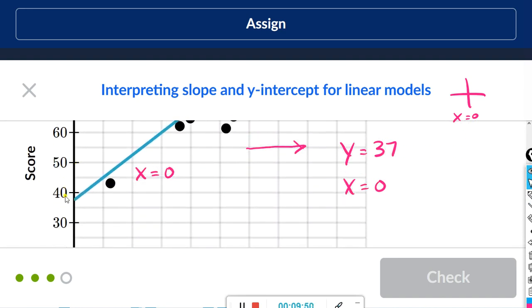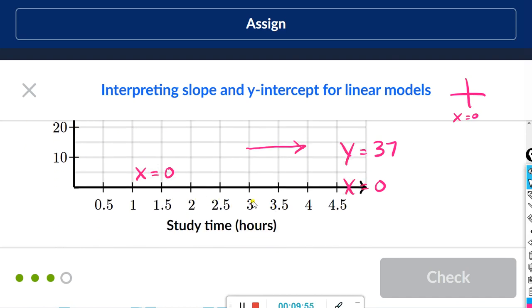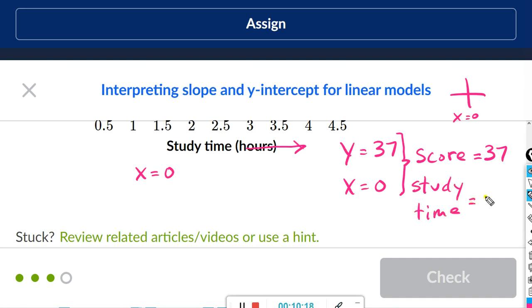The y-axis is score, and the x-axis is study time. So the score is 37 when the study time equals 0. Someone that didn't study at all would get a score of 37.